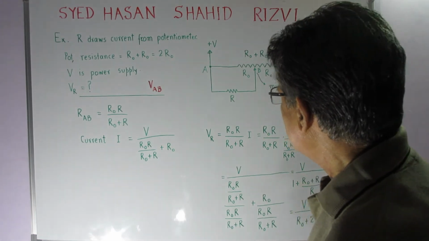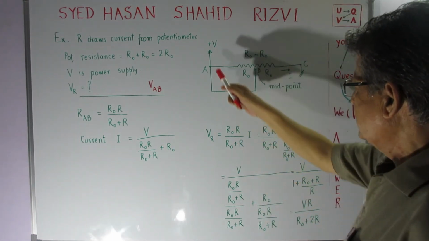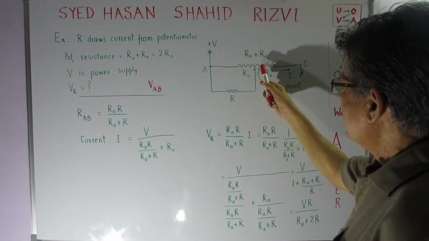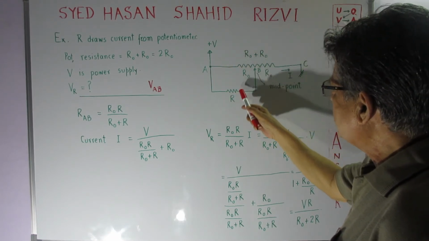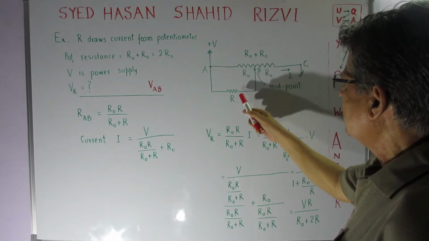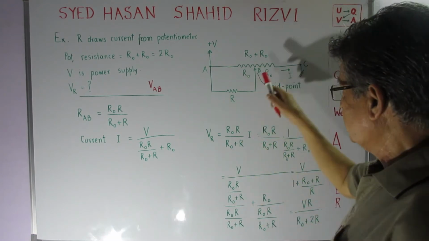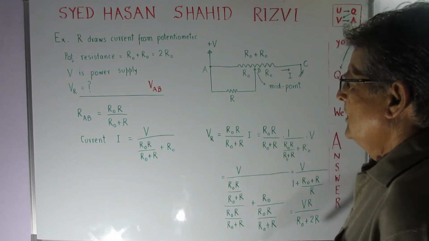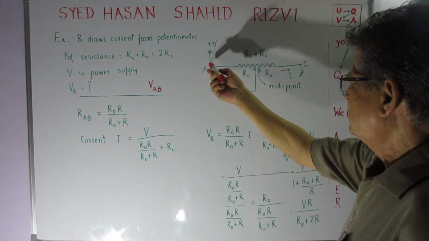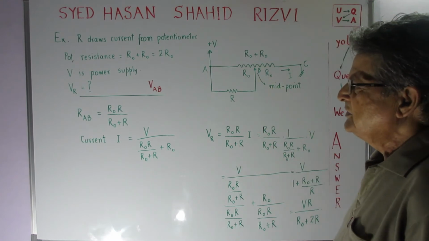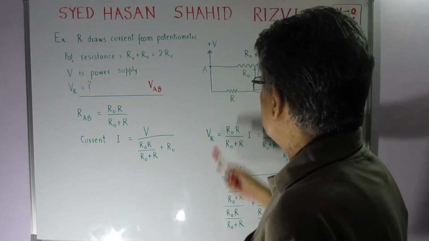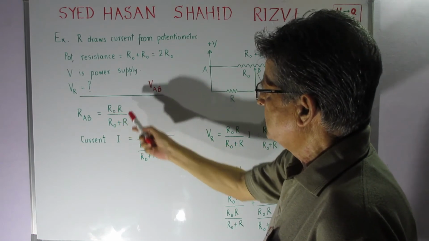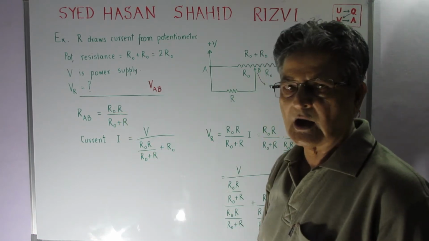Now look here, this is a parallel arrangement of two resistances R0 and R in series with another resistance R0. This is a very simple thing. So the resistance between the points A and B, that is the parallel combination of R0 and R, turns out to be R0 R upon R0 plus R.